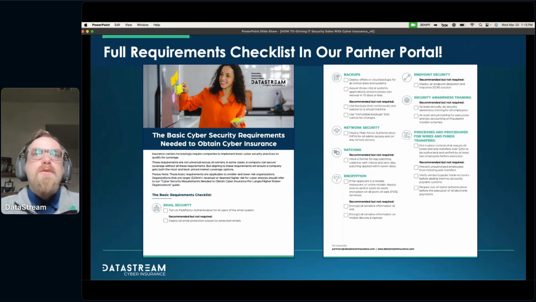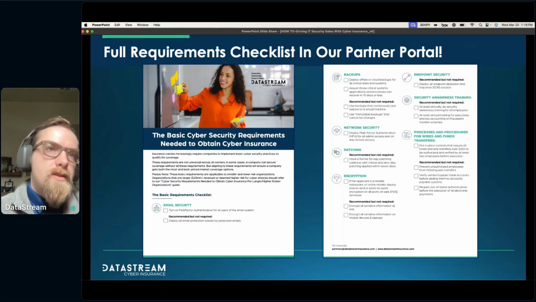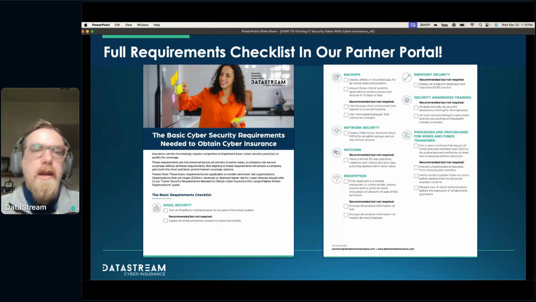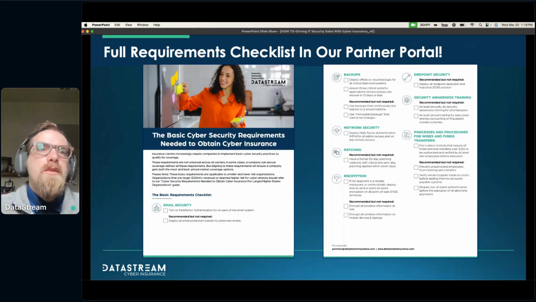So this checklist can be a useful tool to educate customers. I'm sure some of you are noticing some of the tools on here that you've maybe been banging on their heads to get for years. And suddenly you can bring this as not only a way to show them what the carriers are asking for, but as third party support for the things that you have also been telling them they need to get in place.